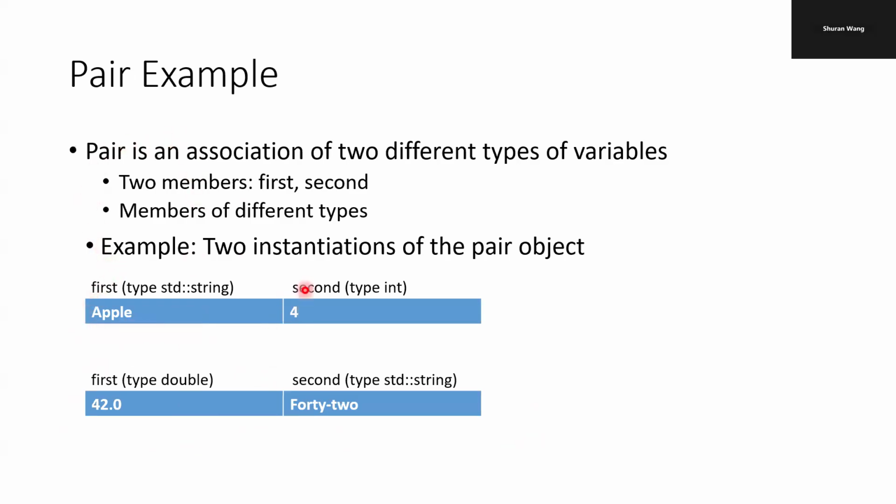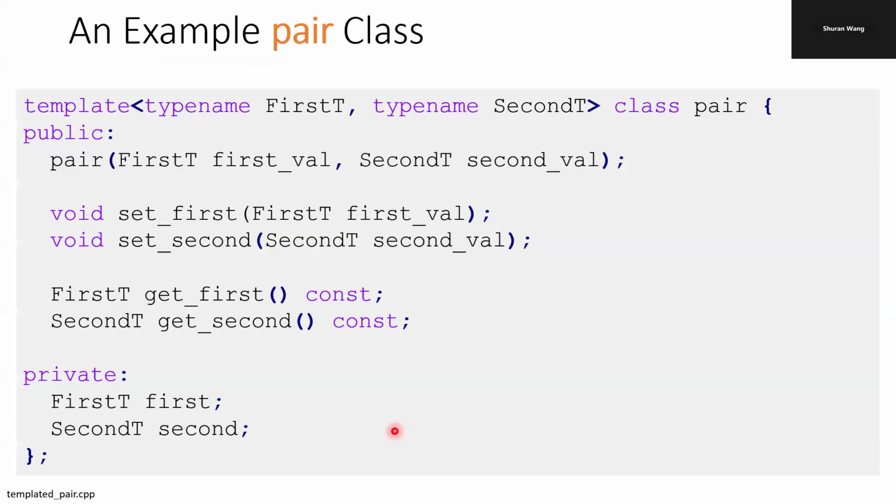So here are examples of two instantiations of the pair object. The first one has a first of type string and a second of type integer, and the other has a first of type double and a second of type string. So they're templated so they can have any type. Here is the example code for the pair class.